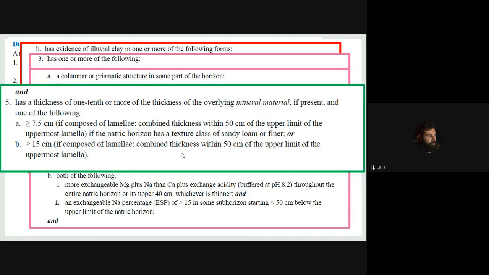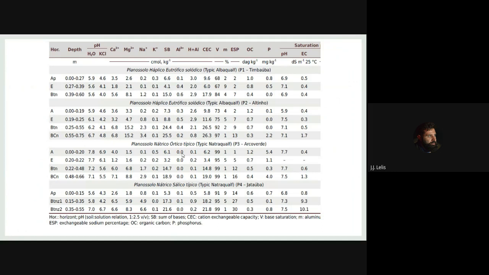So let's see. Here we have an example. We don't need to worry about these names in Portuguese, okay? We just need to verify the content of sodium, and we can see, especially in the last soil profile, a high content of sodium, and a high content of magnesium. Here, you can see both.